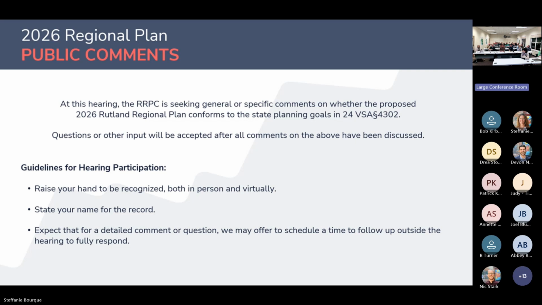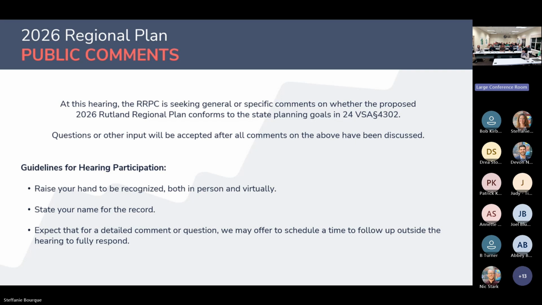Board of Commissioners are appointed by the legislative bodies in each of our 27 towns. They dictate and guide the processes, policies, and work of the Regional Planning Commission overall. In terms of your question, do we override local land use regulations? Absolutely not.